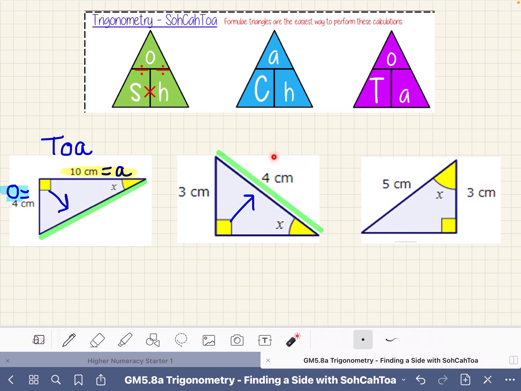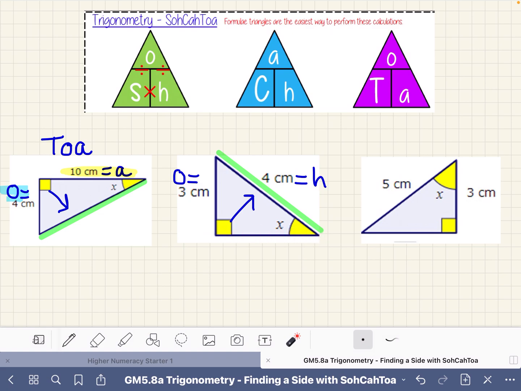This time we are given a number for hypotenuse, so we say this is equal to H. The other side we know is this 3 centimetres. That is opposite the angle we've been given, so that means O is equal to 3. We do not know any information about this adjacent side. We're not given a letter or a number, so we leave it blank.